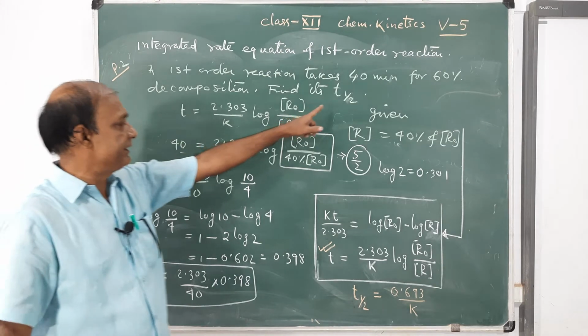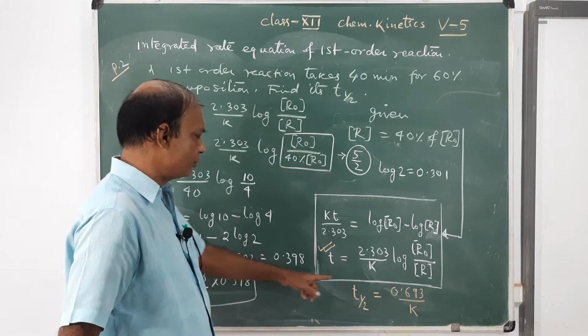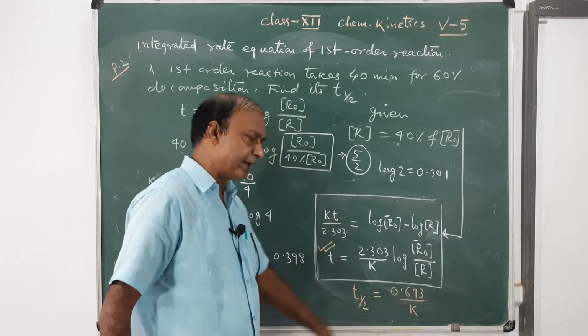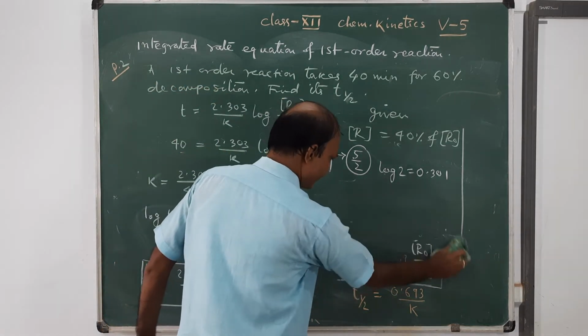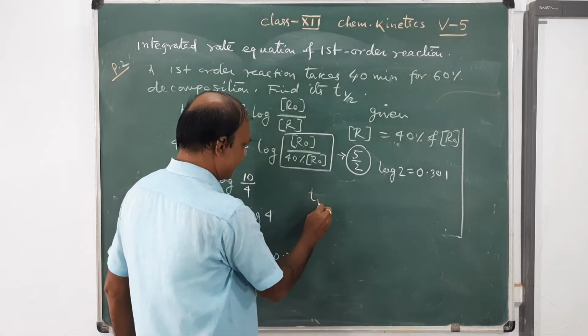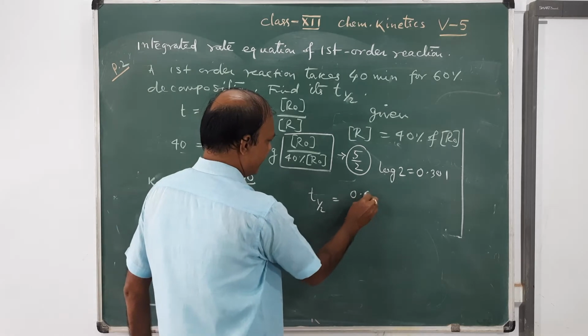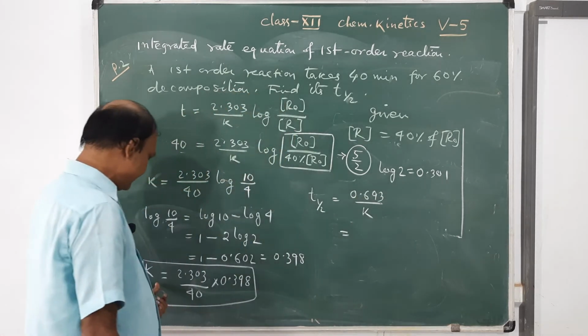You have to find T half. Therefore directly you go to T half equals 0.693 by K. Then you do your final calculation. Now put the value of K here.